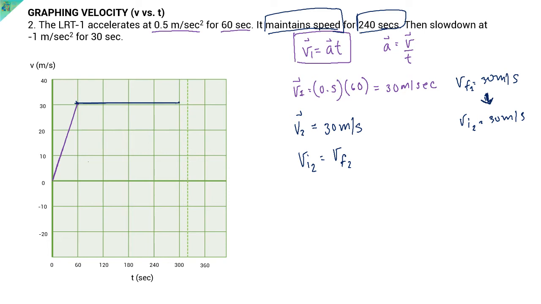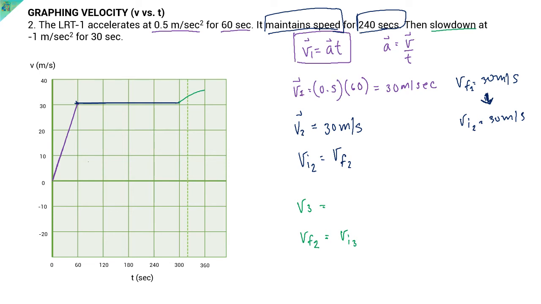Okay. Last situation is we have our V3. Analyzing V3, it slows down, meaning there's a change in velocity. However, what is the change? First, the final velocity of situation 2 is actually equal to the initial velocity of situation 3.